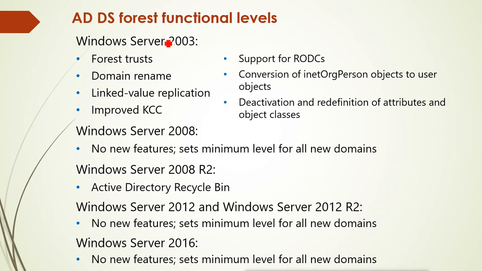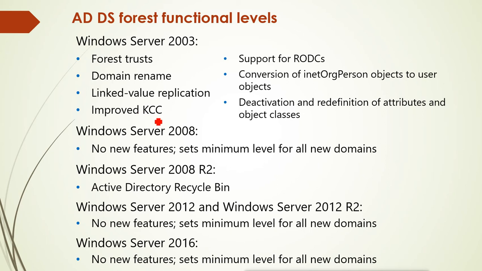So the ADDS forest functional level gives you different features. It allows you to use the latest features of the operating systems. When it was Server 2003, forest trust was possible, domain renaming was possible, linked value replication was possible, and an improved KCC was there.